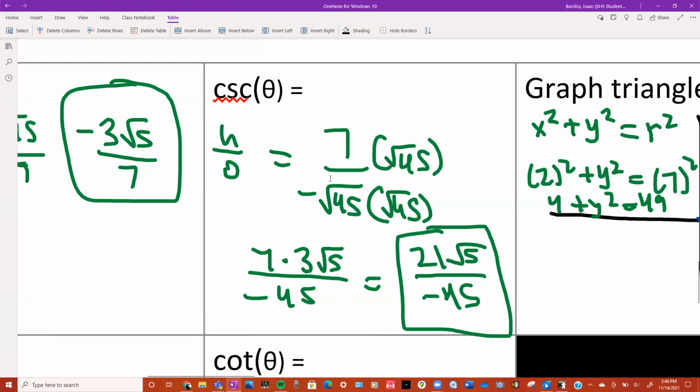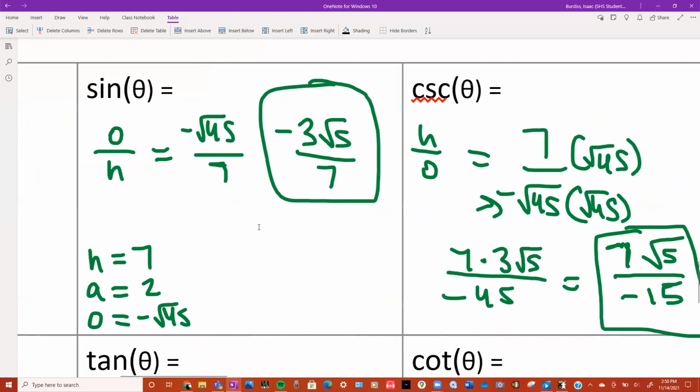If you think about it, there was not really a point in changing this back to a negative 45, because you would have had a 3 on there anyways. But 21 and 45 can both divide by 3. So that would give us 7. I just deleted the wrong thing, sorry. Okay, this is freezing up. 7 root 5 over 15. Okay, and there you go. So we would have gotten the same answer either way if we left this as 3 root 5, but whatever. So that is our answer, and it's simplified.